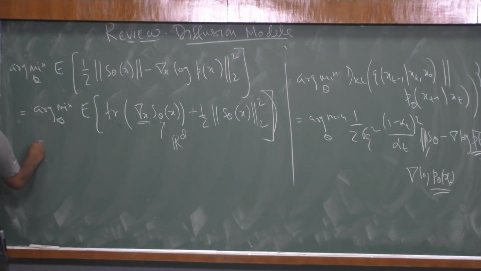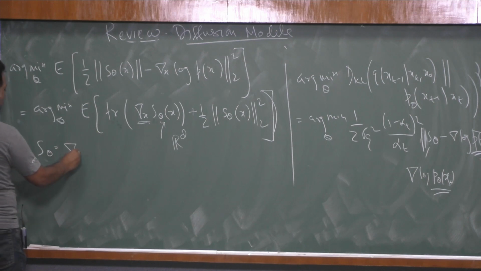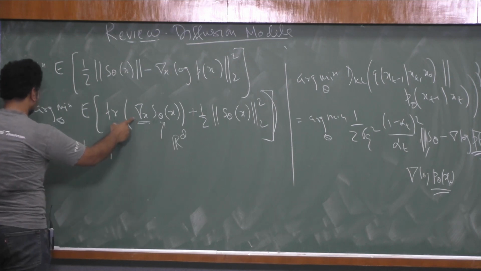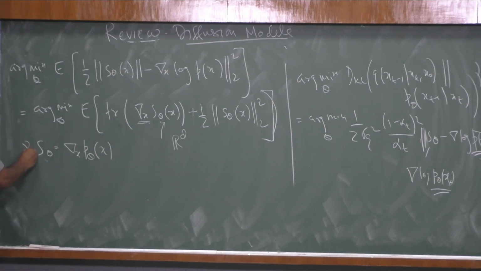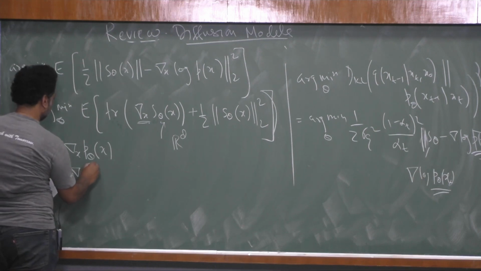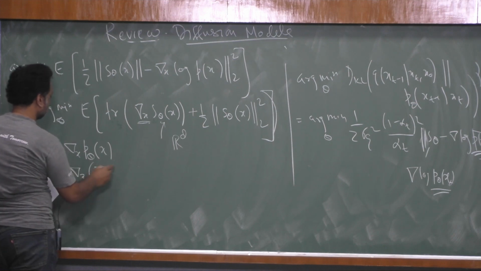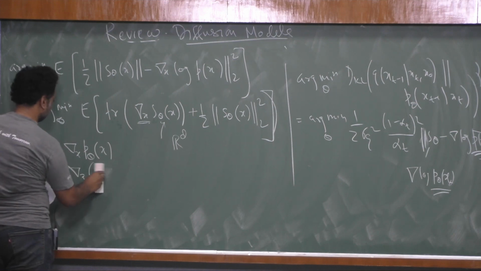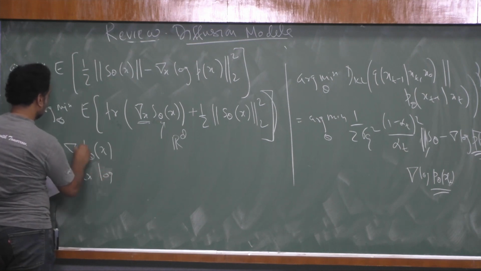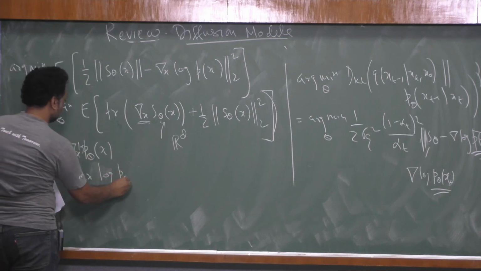So s_theta already has its grad_x in it, right? So this is log p_theta(x). Now we are having another s_theta, another grad_x. So like this, we have grad_x of grad_x, or I can write grad_xx also, and then log p_theta is also there, right?